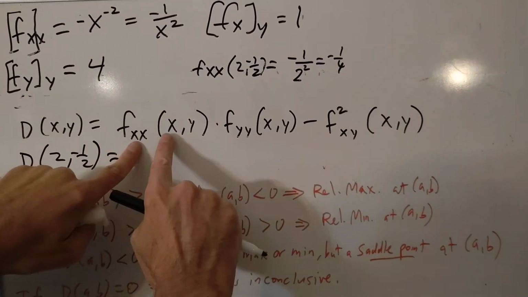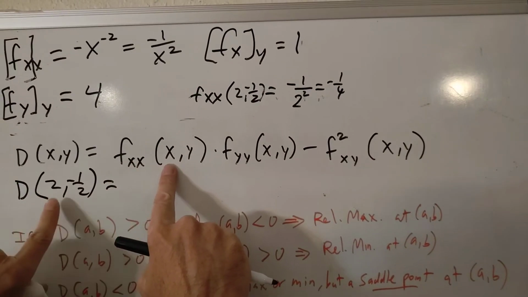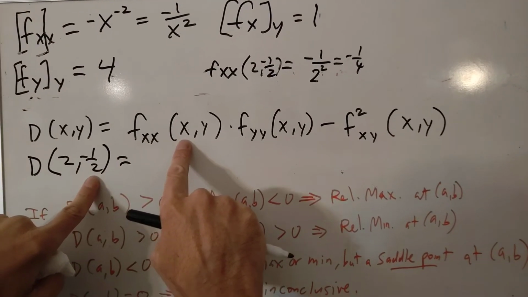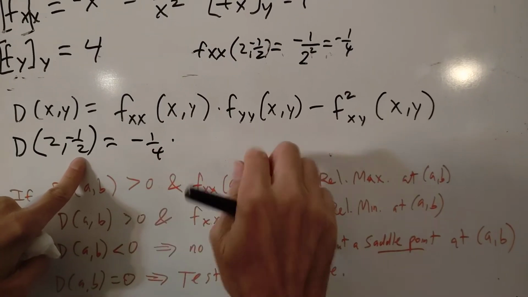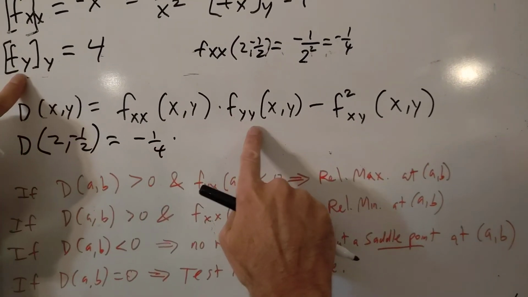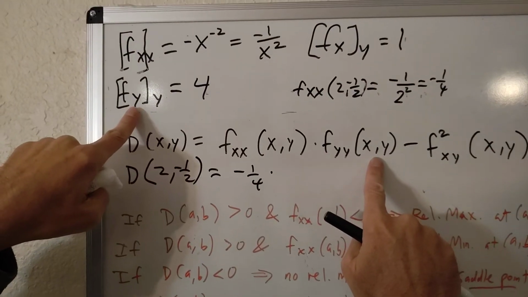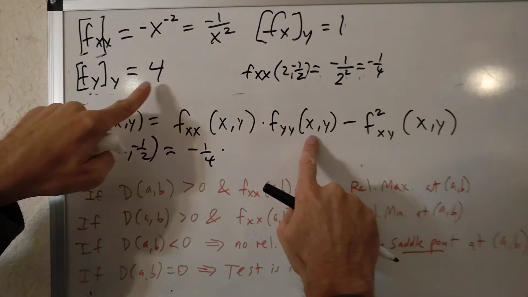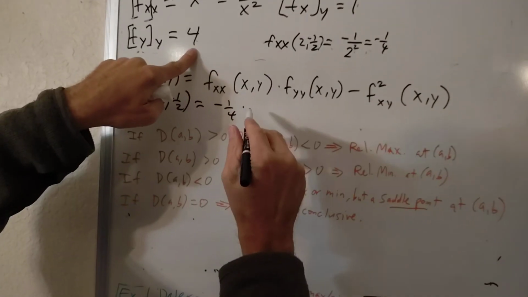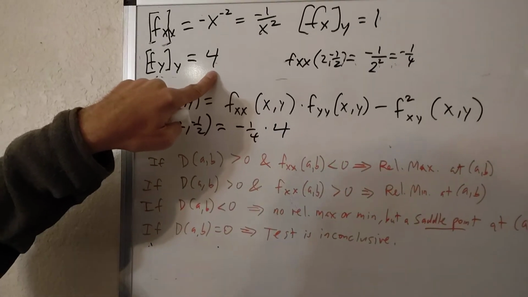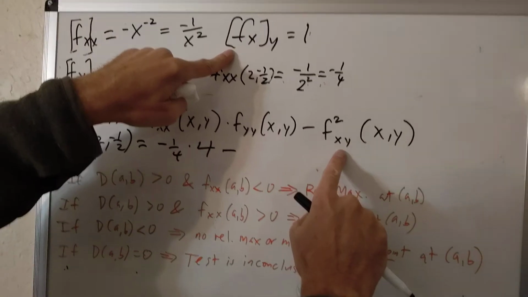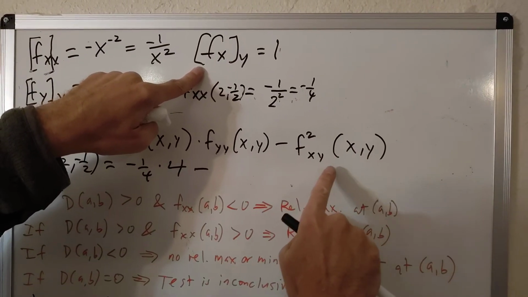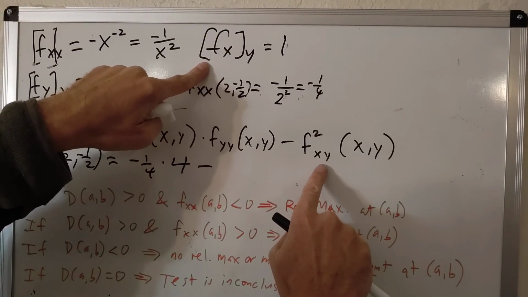So f_xx evaluated at (2, -1/2) is -1/4 times f_yy evaluated at my critical point. It doesn't matter what I evaluate it at. The answer is always going to be that constant 4. So that's a lot easier. Minus, and here again, the mixed partial, we've got to square it, evaluated at that critical point.